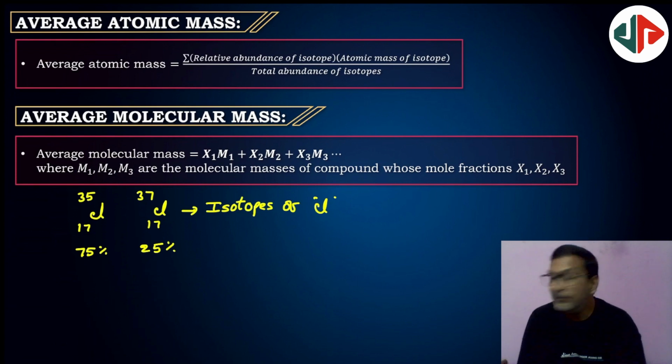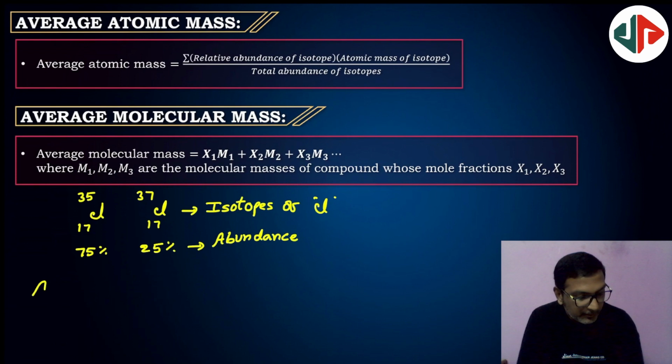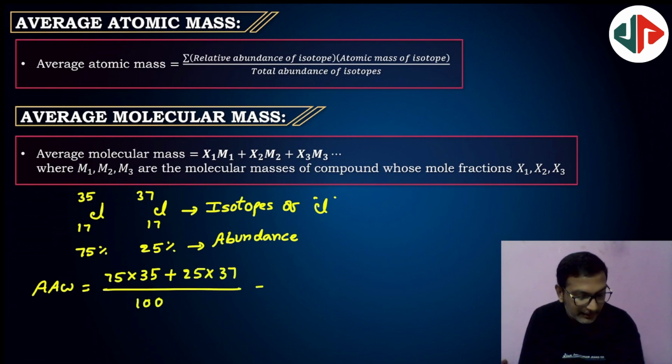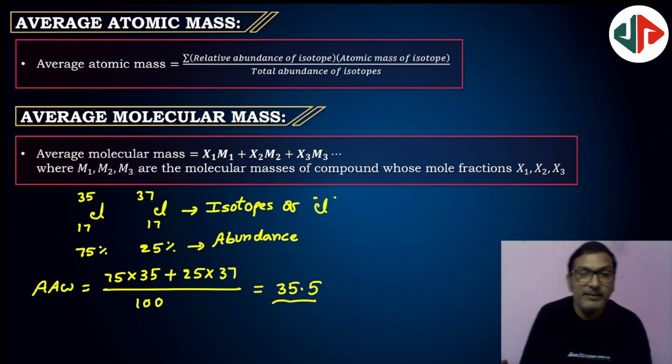So this is the abundance. Therefore, average atomic weight according to the formula is relative abundance, 75 into 35, plus 25 into 37, divided by total abundance, always 100. So we get the value 35.5. This is the average atomic weight of Cl.